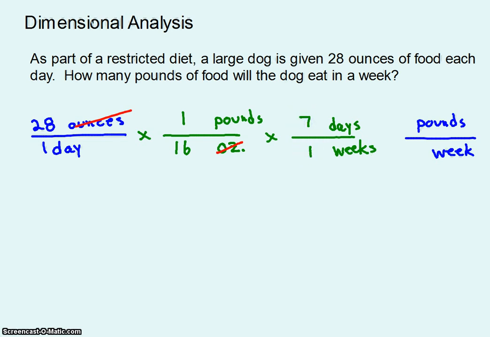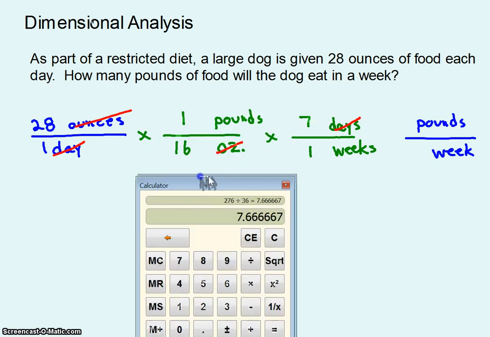Okay? Canceling allows me to check. The only dimension left on the top is pounds, which is what I want. The only dimension left on the bottom is weeks, which is what I want. I'm set to go. You'll notice here that this helps me decide quite easily whether I should multiply or divide by 16 and whether I should multiply or divide by 7. I don't have to worry about confusing myself anymore.